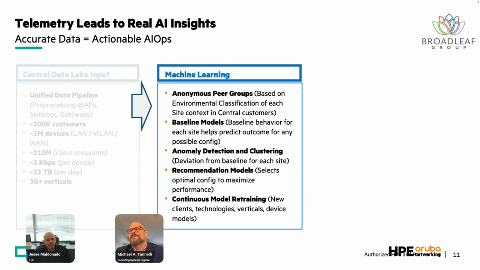One of the great things that we can do with this data lake is understand trends between customers. There's no sharing of data or anything like that, but we can see if there is something happening with DNS systemically across many customers, or is that an anomaly just for one customer. And then we can make reporting on that.